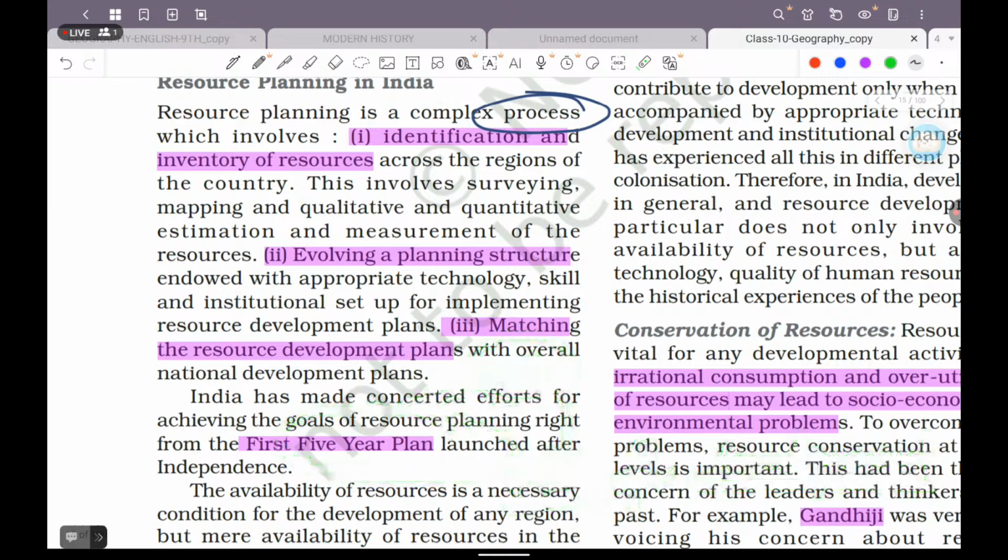The Nehru government first used this plan, the first 5 year plan, which was launched after independence.